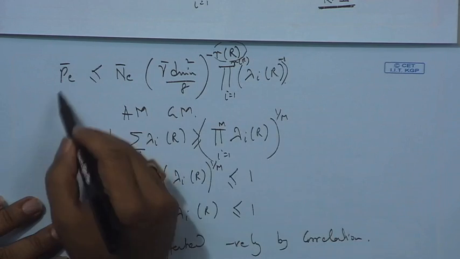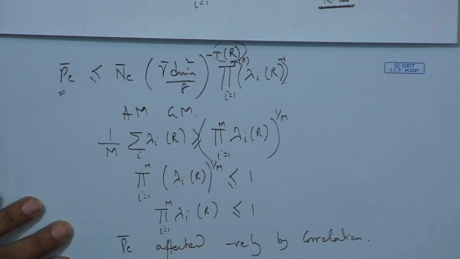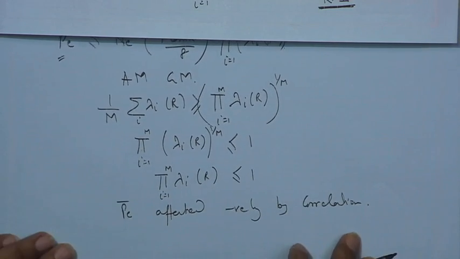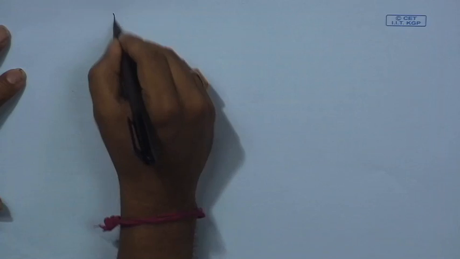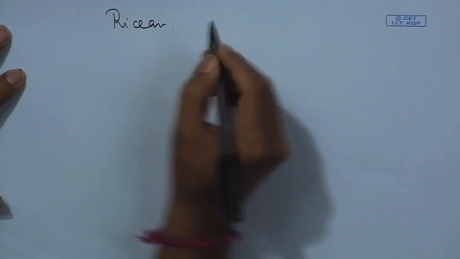So overall Pe bar increases when compared to a spatially white channel. In summary, if there is correlation present, the probability of error is affected in a negative way. Moving forward, what we'd like to add is, suppose we have a Rician effect, a Rician channel.